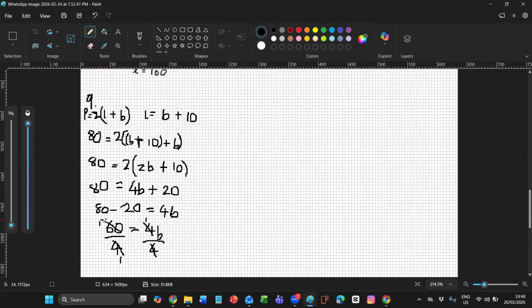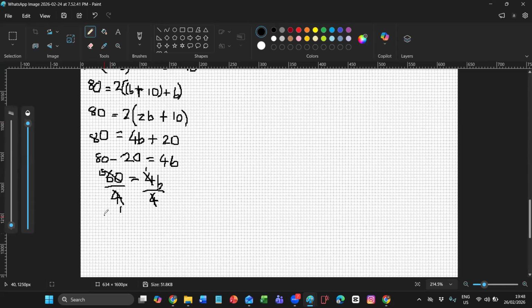Okay, so now that we know our breadth, breadth is equal to 15, and I think the unit is in meters, so we can put 15 meters.